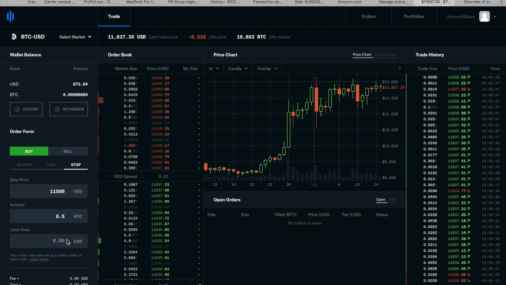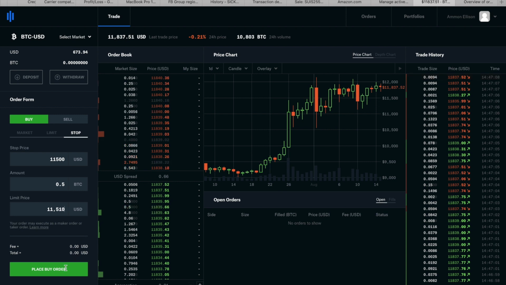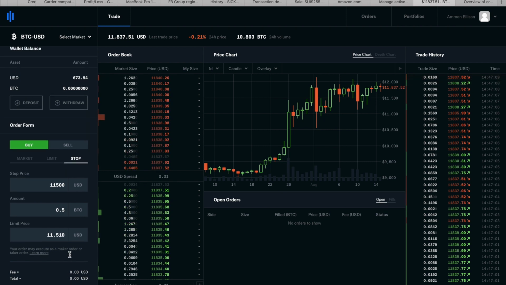And let's say I didn't want to buy when the stop order is triggered. When the price hits this level, it just puts in a limit order. And so let's say I don't want to pay more than $11,510. So I do that, and I just place it on the books and place my buy order.